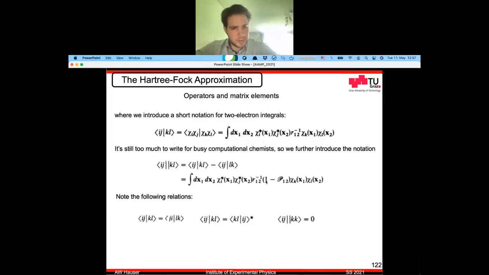This 1 is covering this part. And P12 is an operator that acts on the right-hand side and exchanges the positions of electrons 1 and 2. It makes electrons 1 and 2 swap places. So in this case, electron 2 will be in k and electron 1 will be in l. And so this permutation operator gives you exactly the second term.